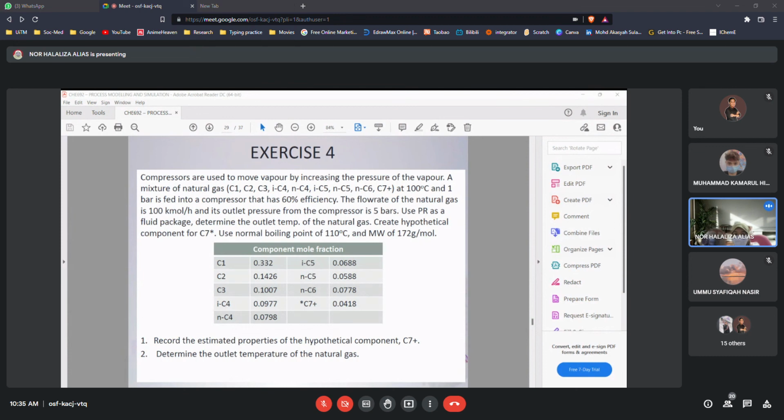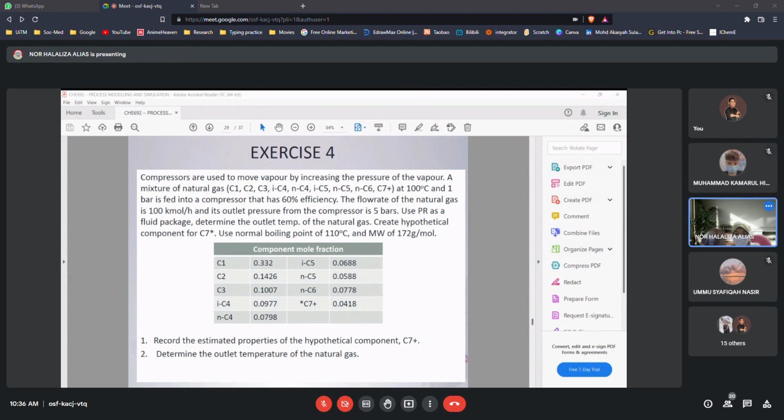Okay, kalau untuk IC4, you type saja I C4. So nampak jumpa lah. Ini IC4 adalah isobutane. Okay class, are you following? Yes.